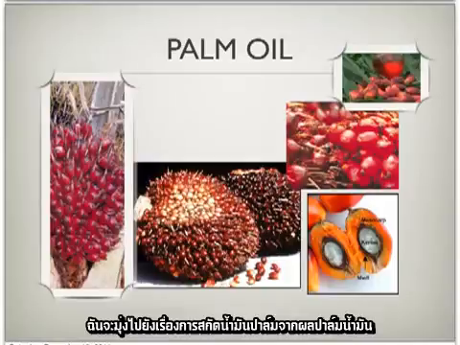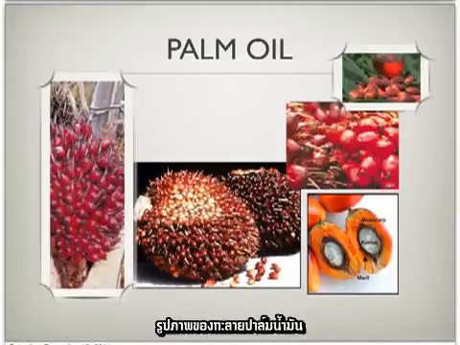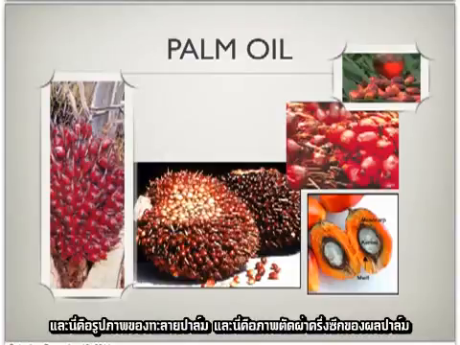I will now focus on the extraction of palm oil from the oil palm fruits. You can see on the slide here the picture of the oil palm fruit bunch on the tree, and this is a picture of the fruit bunch and the cross section of the fruits.